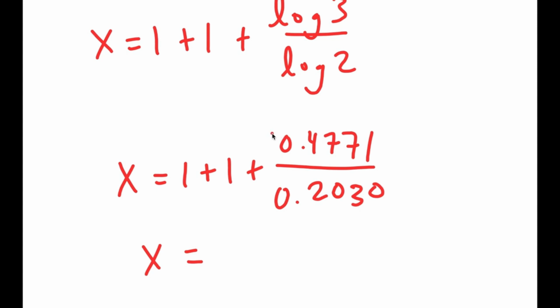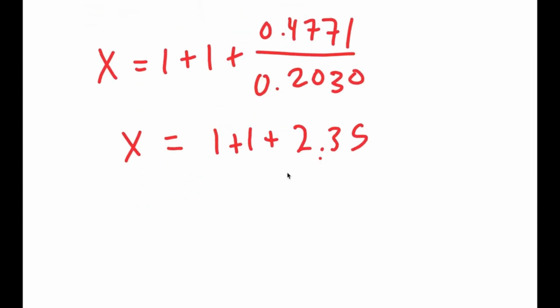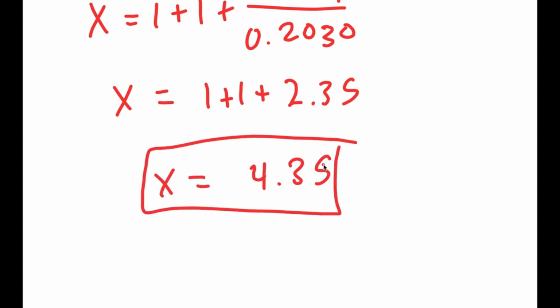So I get 0.4771 divided by 0.203. So I get 1 plus 1 plus 2.35. This plus 2 is equal to 4.35. So this is my answer.